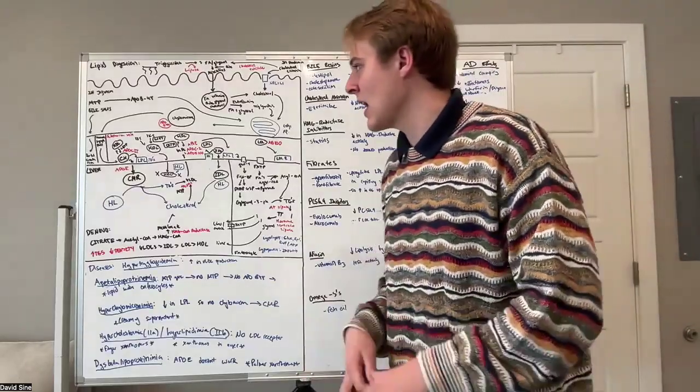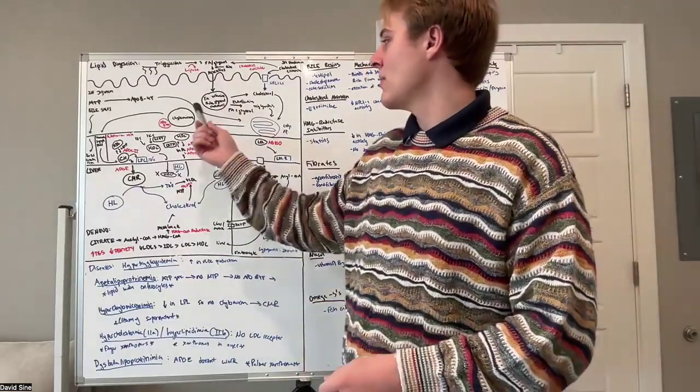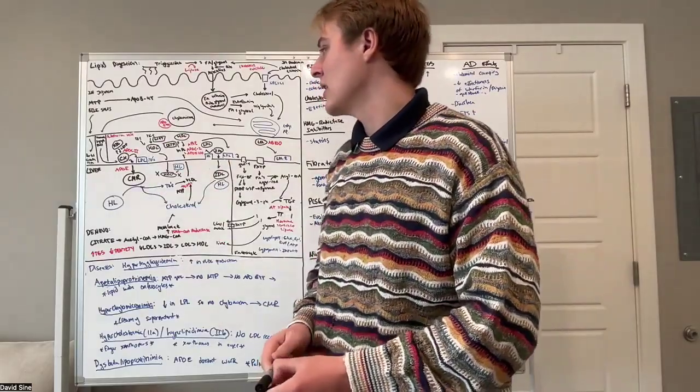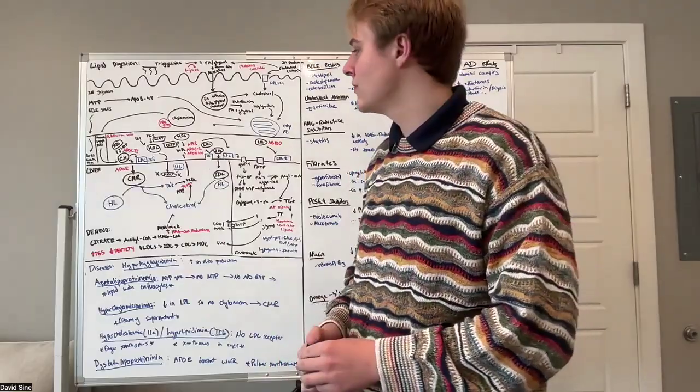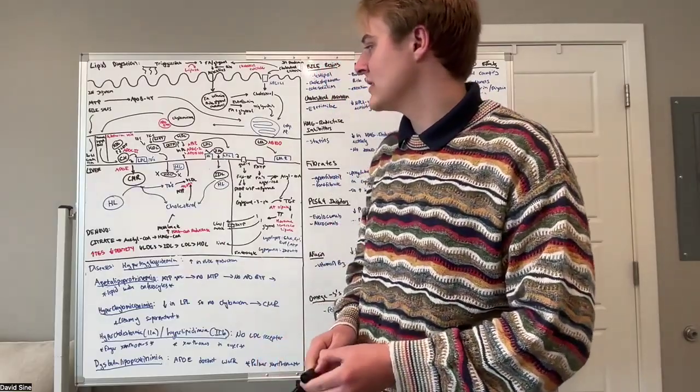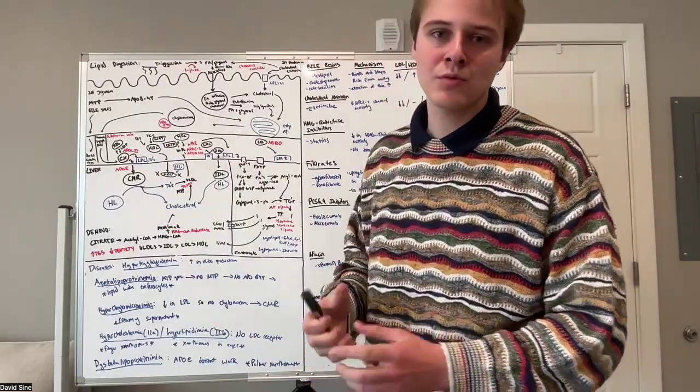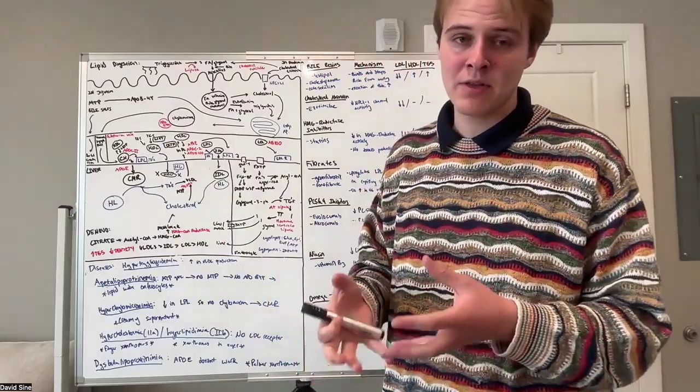Just to go through it again, maybe a little more clearly: our chylomicron comes into the bloodstream, comes in contact with lipoprotein lipase, triglycerides are removed, and it becomes a chylomicron remnant, which hepatic lipase will digest in the liver. Remember the area.